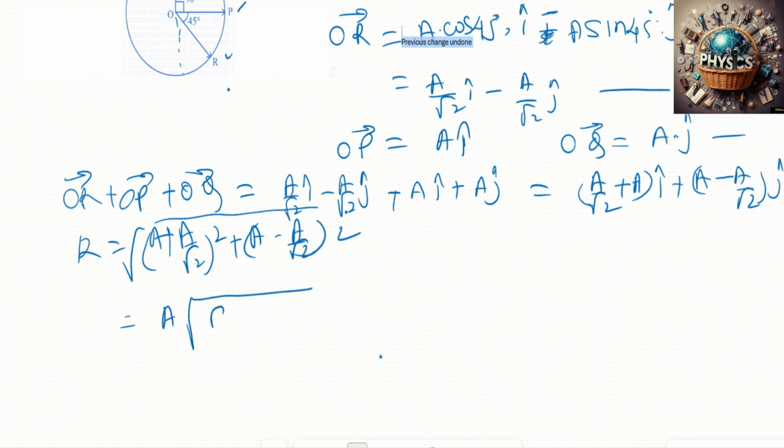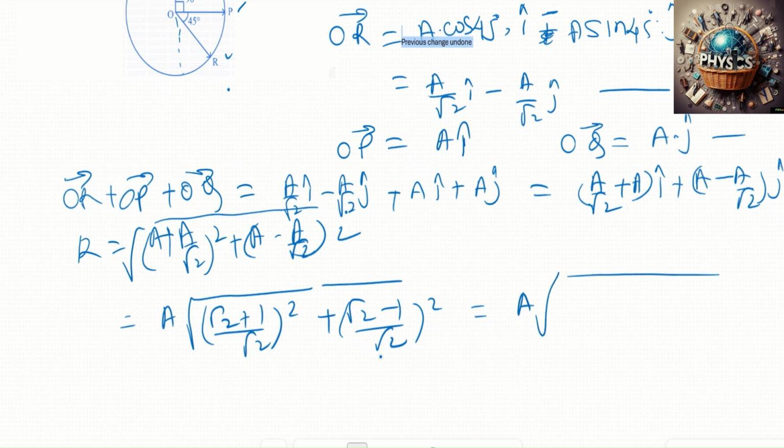So 1 plus 1 by root 2 whole square plus 1 minus 1 by root 2 whole square, and this gives us A square root of 2 plus 1 plus 2 root 2 plus 2 plus 1 minus 2 root 2 by 2, right? So 2 root 2 cancels, and 2 plus 1 plus 1 plus 2 is 6. So 6 by 2 is 3.